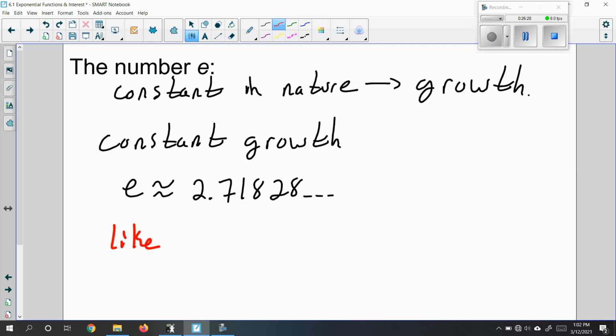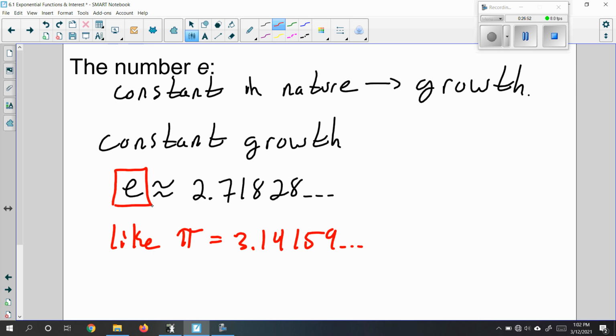Think of it as being like the number pi, which is approximately 3.14159, etc. E is just another constant that exists in nature, and this is probably the first time you've been introduced to it, but it is probably one of the most important numbers in math.